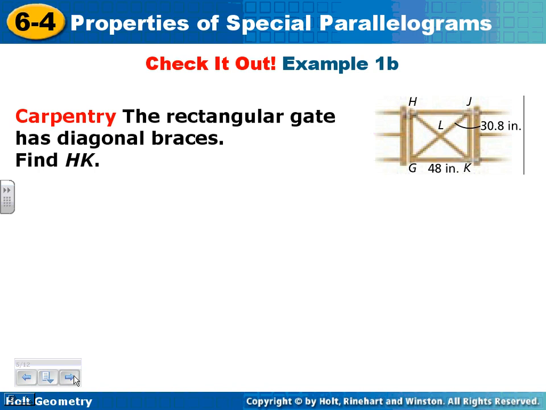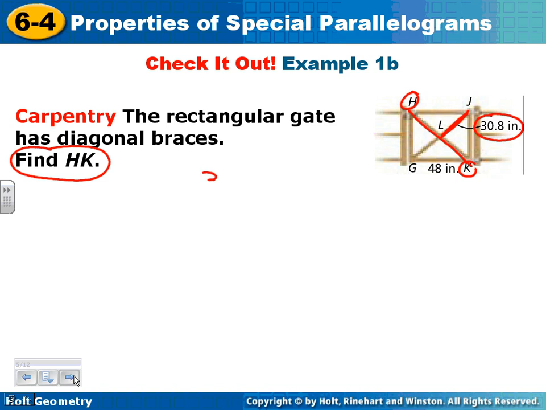This slide, everything's the same except it says find HK. So H to K, there's H and there's K, is that entire diagonal. Well, if you look, this 30.8 is just half. And remember, the diagonals bisect each other, which means they cut them in half.